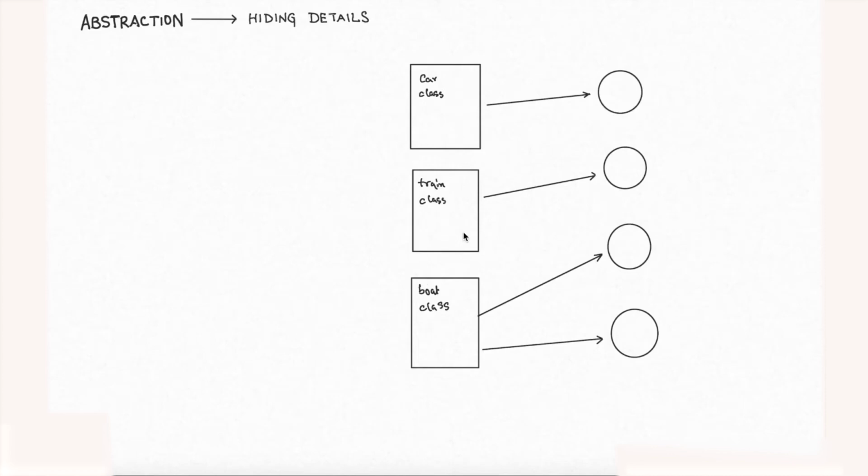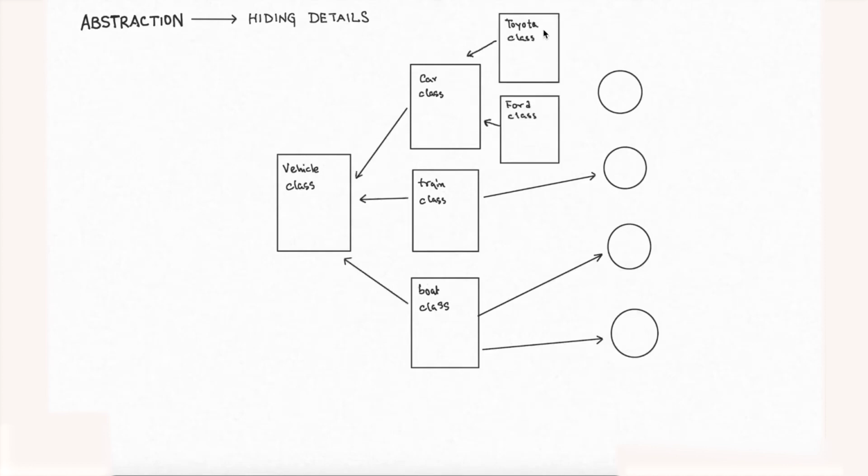That's what we learned in the very beginning of this course. But then we also learned about inheritance. So we could say that we might have a vehicle class, and all types of cars and trains and boats inherit from our vehicle class. Now, of course, there could be more classes here before we create our objects. There could be a Toyota class, there could be a Ford class that inherit from the car class, and we could create objects from those classes.